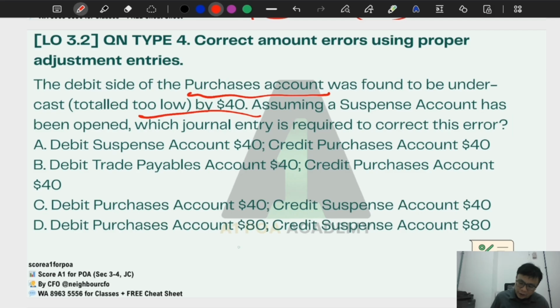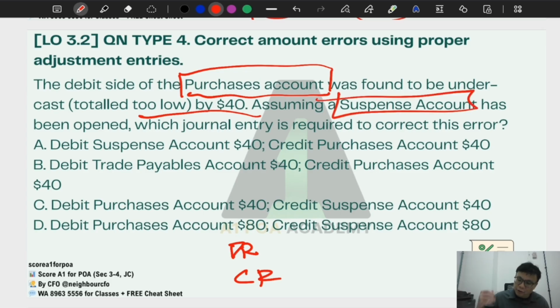So in this instance, what do we have? We have a purchase account and we have a suspense account. If the purchase account is undercast by $40, we have to debit purchases, right?